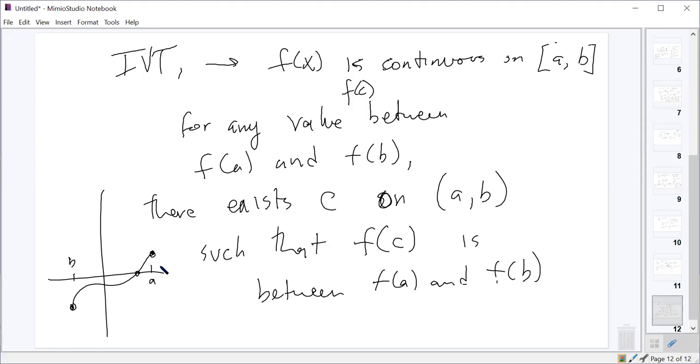I doubt that they would ever ask you to do anything other than use this in the context of a chart in the multiple choice. That's usually how the intermediate value theorem shows up. Every once in a while it's in a free response given some chart.